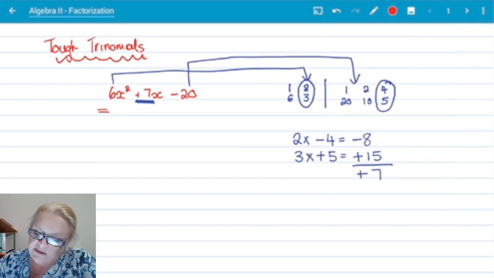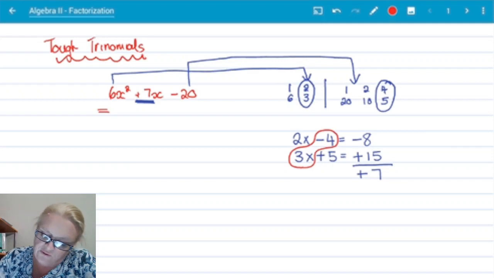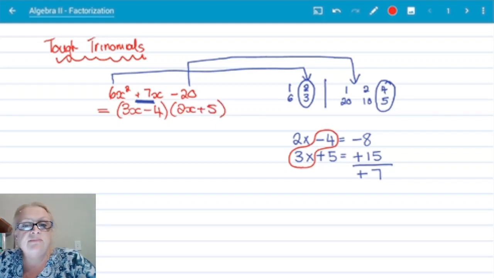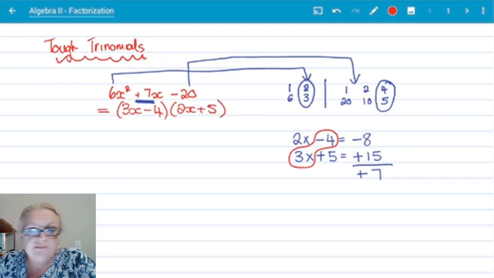So the multiplication sign is now a placeholder for your x. And we're going to put this funny little sausage in. 3x minus 4 and 2x plus 5. You're welcome to multiply them out and then you'll see you come to the exact same answer.